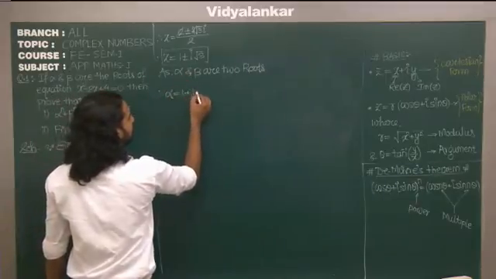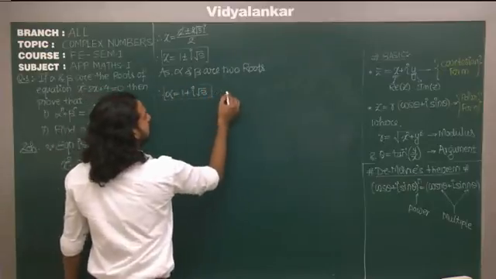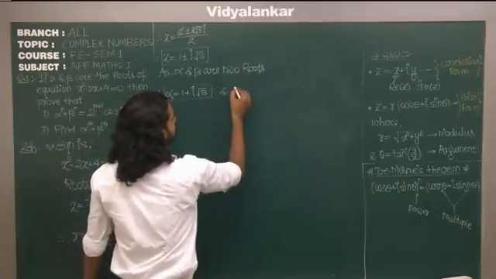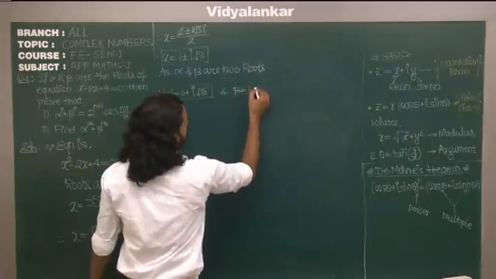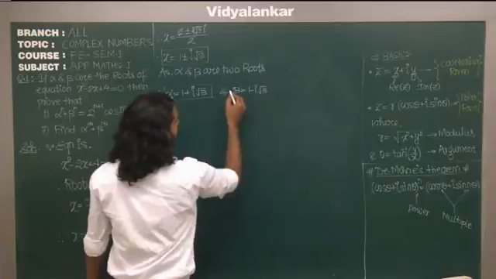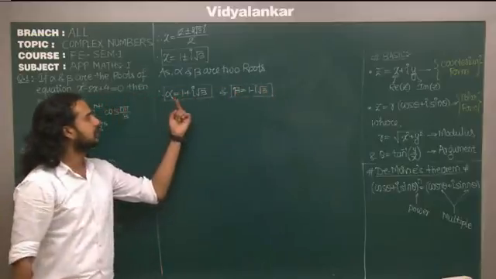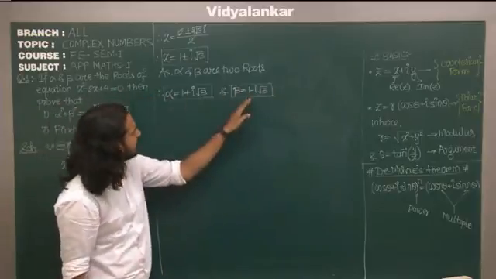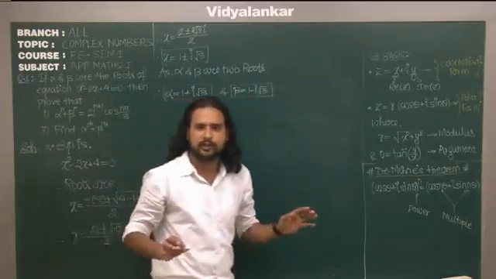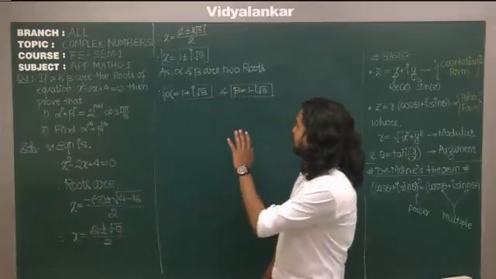I can take 1 plus i root 3 as alpha, and beta as 1 minus i root 3. So I have taken the positive root as alpha and the negative one as beta. Obviously you can also take this as alpha and this as beta. There is no condition towards it because they haven't specified as such. So I'm having alpha and beta.